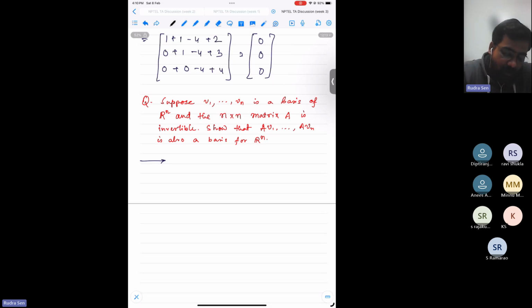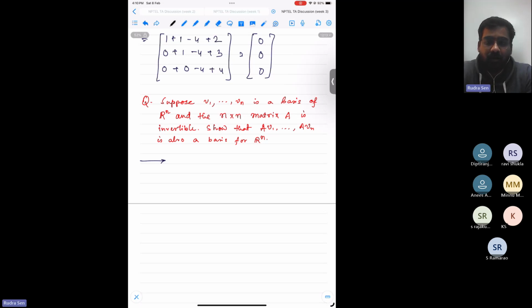Now it says there exists a matrix A which is invertible, whose determinant is non-zero. If we multiply that matrix A with each vector, is this a new basis for that particular space?